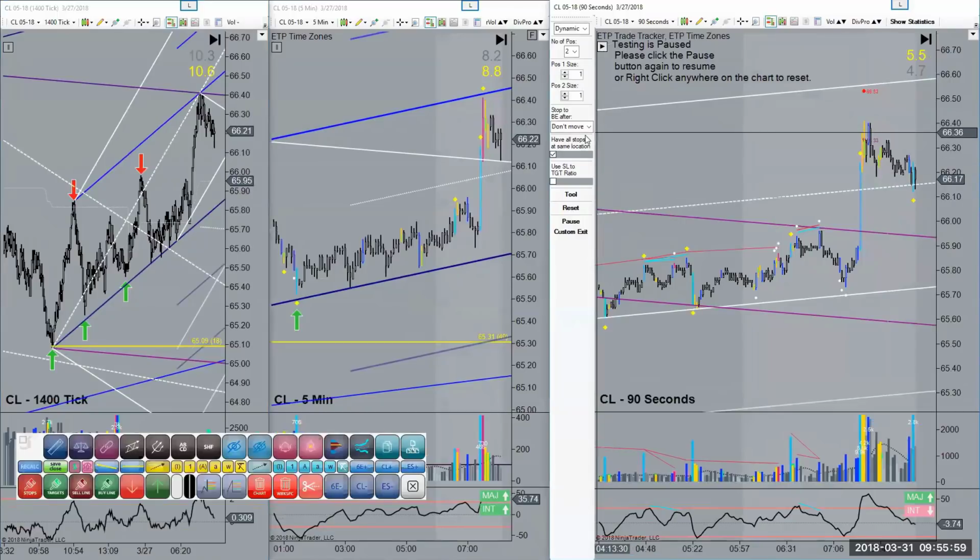Now, I could make this thing go to break even after the first target. I've been trying to test that live, which is not the way you want to test anything. Please, guys, at the very least, don't test your trading systems in real time with a live money account. That is absolutely the worst possible thing you can do. You have to do this stuff with historical charts for a long period of time.